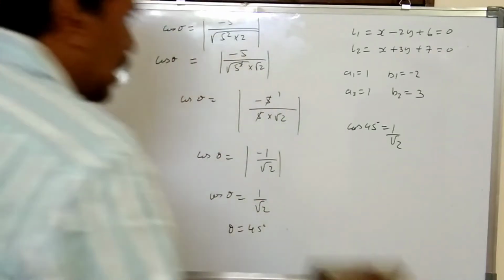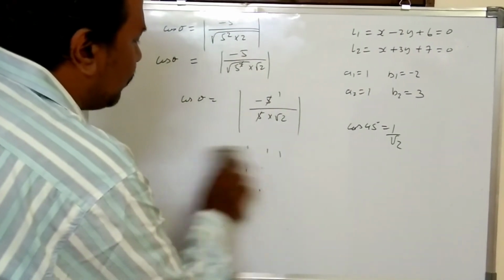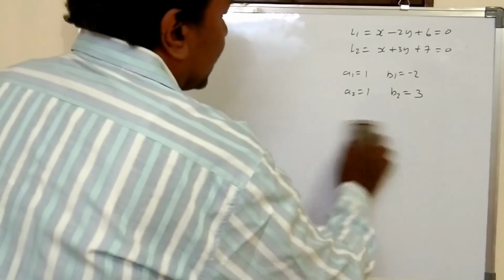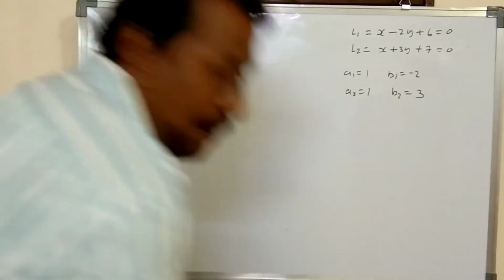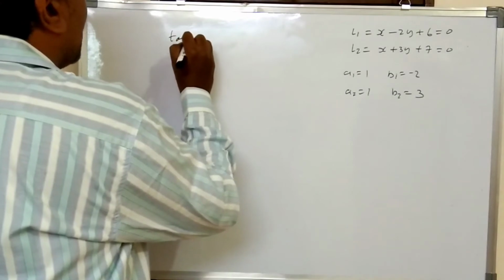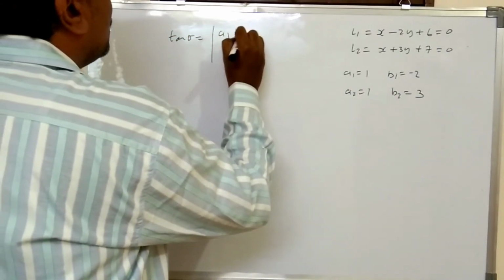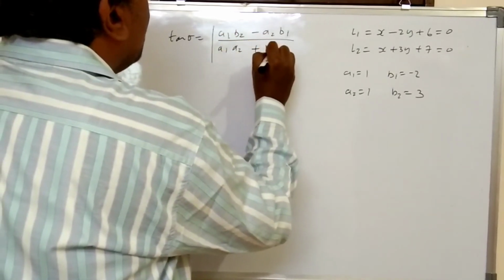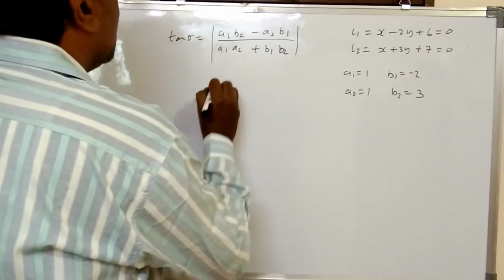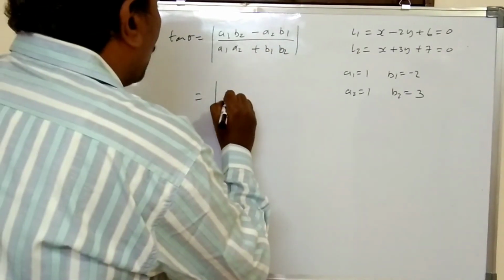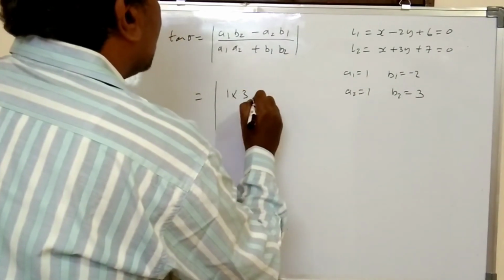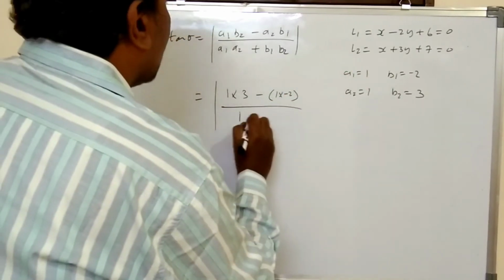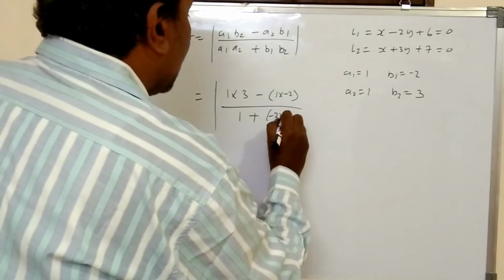Now we will take with respect to tan theta. Let us see if we will get the same angle or not. Tan theta is equal to A1 B2 minus A2 B1 by A1 A2 plus B1 B2. Isn't it? That is equal to, what is A1 B2? 1 into 3, minus A2 B1, 1 into minus 2, by A1 A2, 1 into 1, plus B1 B2, minus 2 into 3.